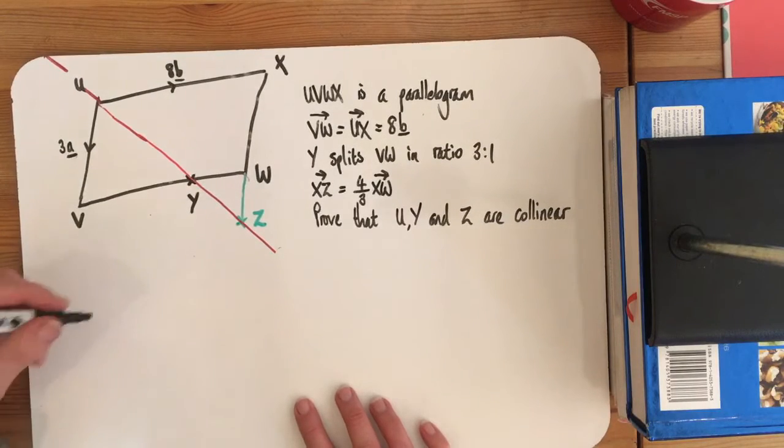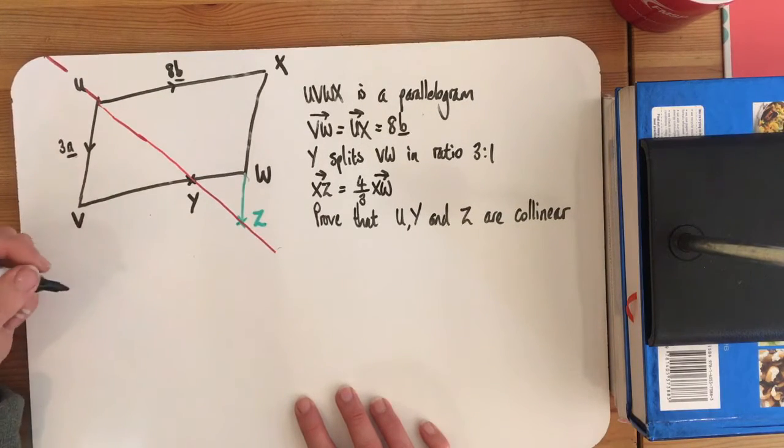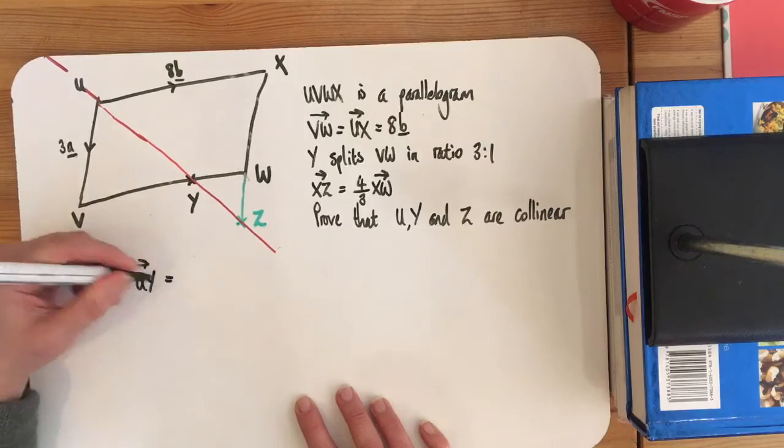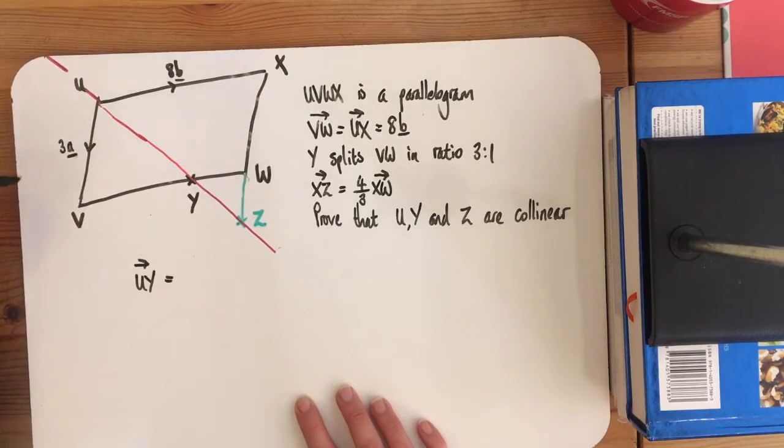So I can start by looking at how to get from U to Y. So we need to travel along known vectors.